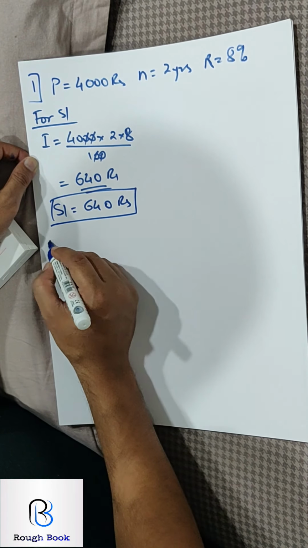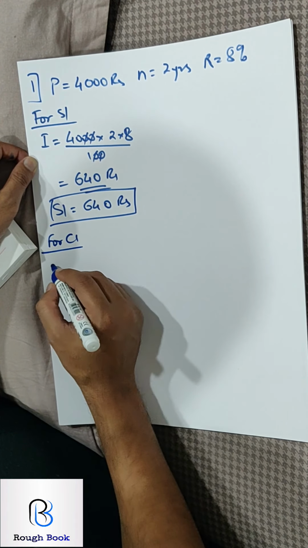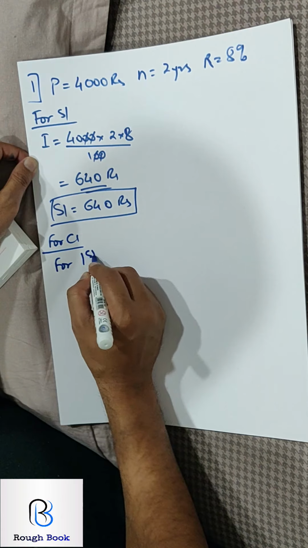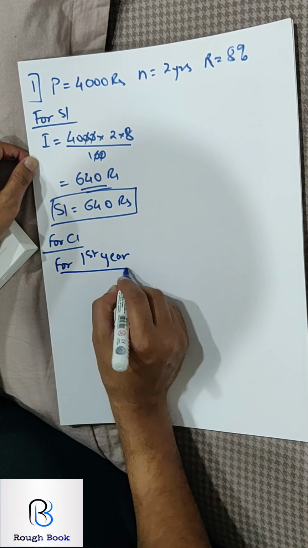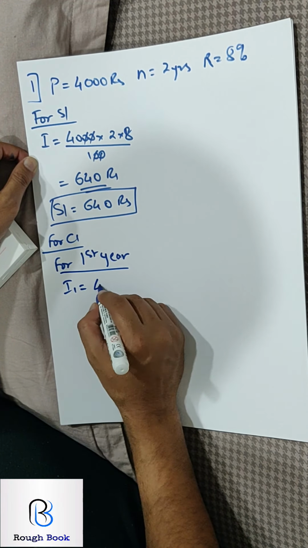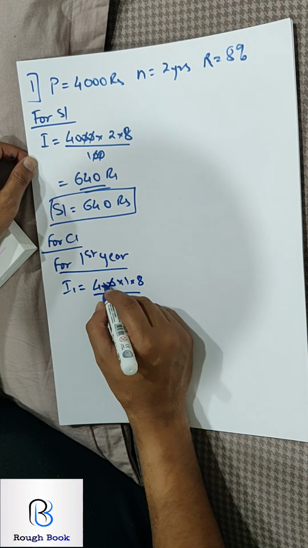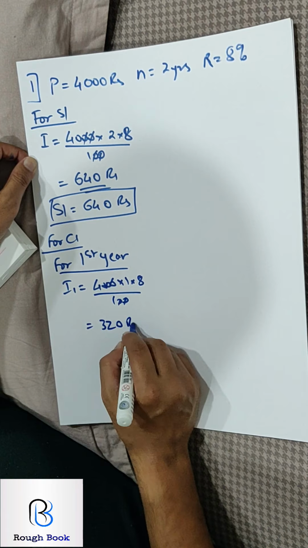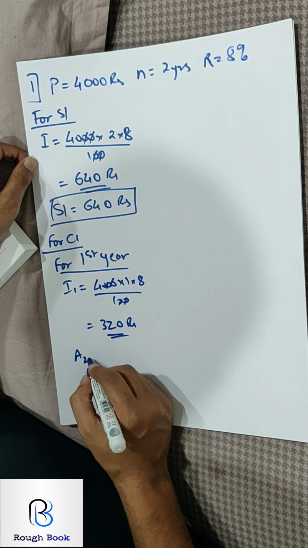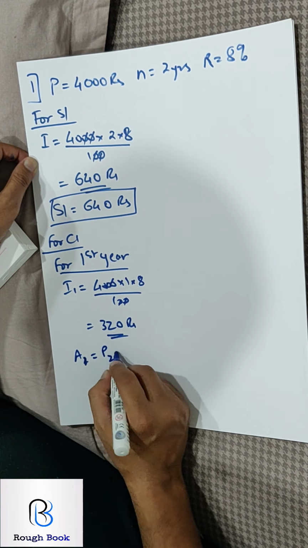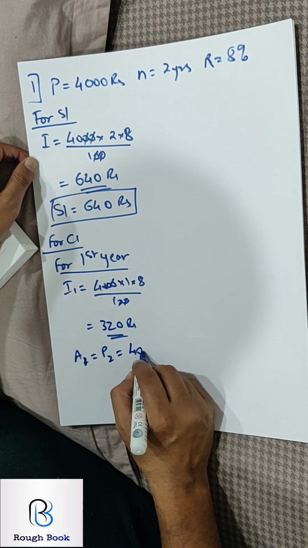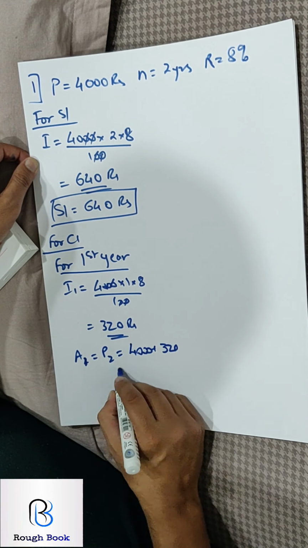Now let's try and calculate the compound interest. So we are sticking to the same method for the first year and then we'll go to the next year. So I1, principal, 1 year, 8%. So 8 4s are 32, becomes 320. A1 equals P2, that is going to be 4,000 plus 320.